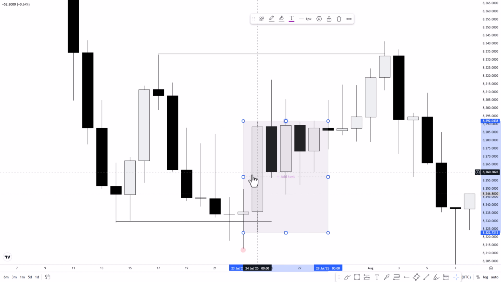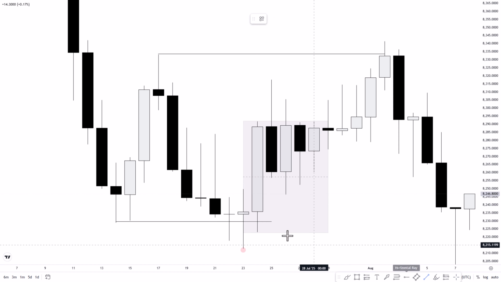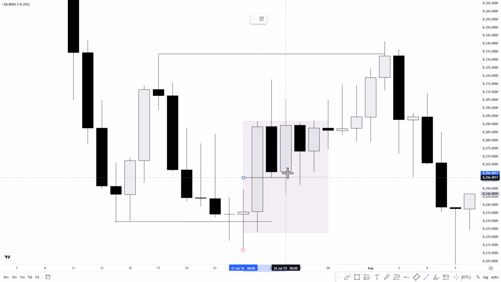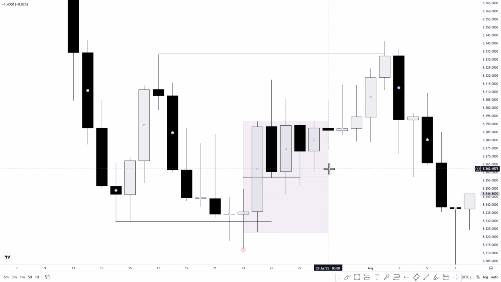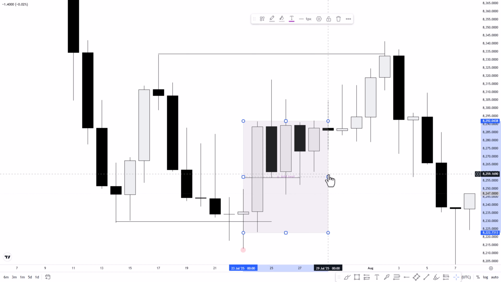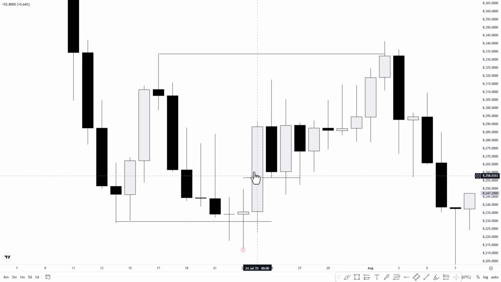So here is the midpoint, which is the EQ, and if you put your line here, you see that price opened and went bullish, then came back bearish. Now when you see price is refusing to come to the midpoint of the 3, you should not participate in the trade, because there's every likelihood that price will definitely reject and come to the EQ.